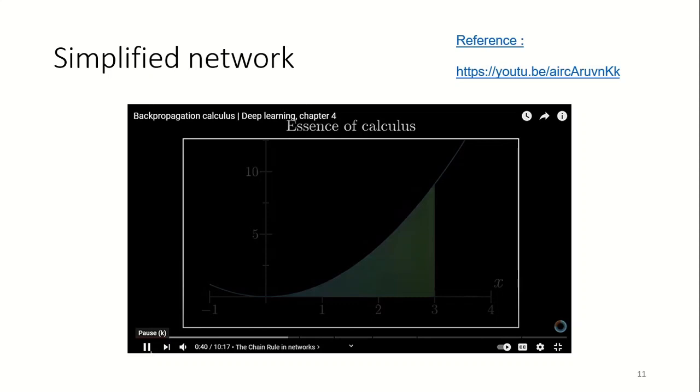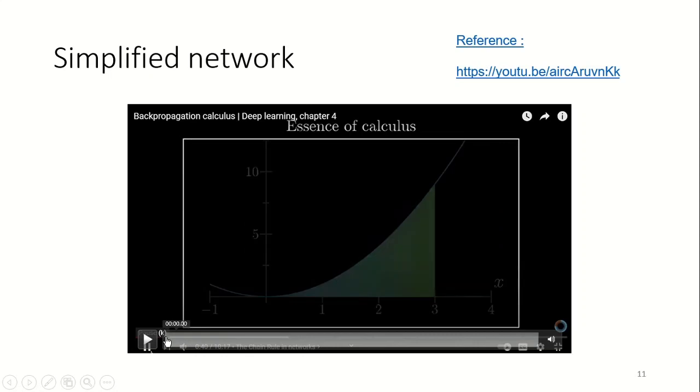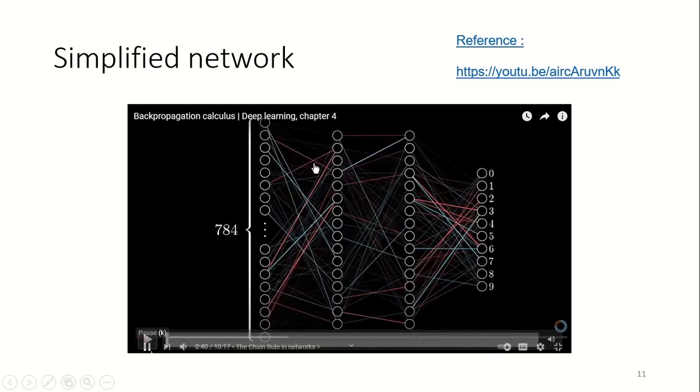We want to reduce the neural network, or get a simplified network, to give the explanation. Suppose this is our entire network. We want to get a simplified version.